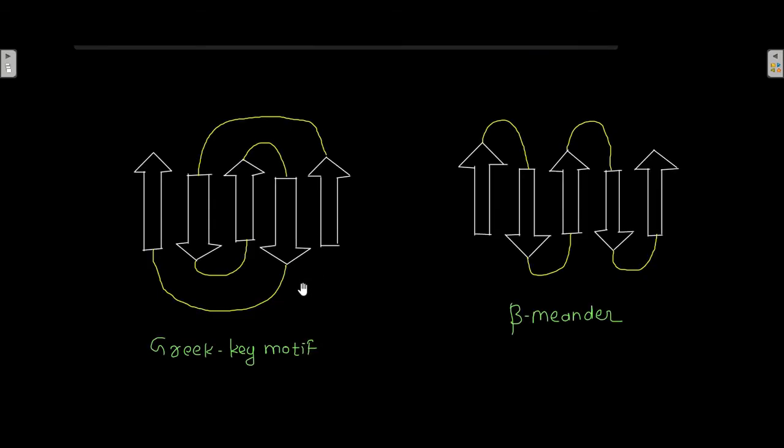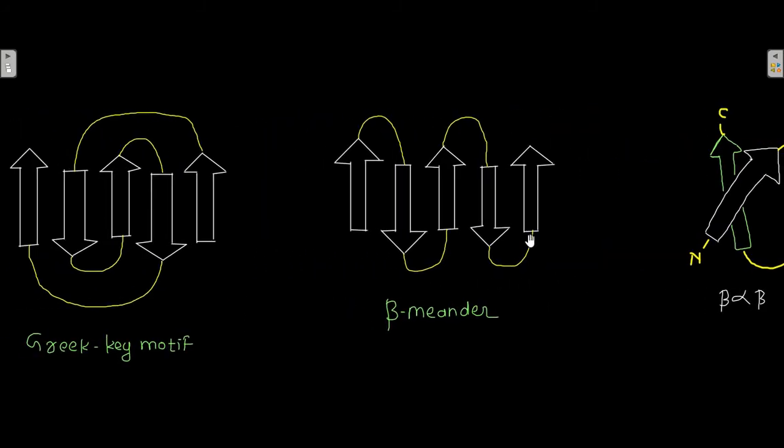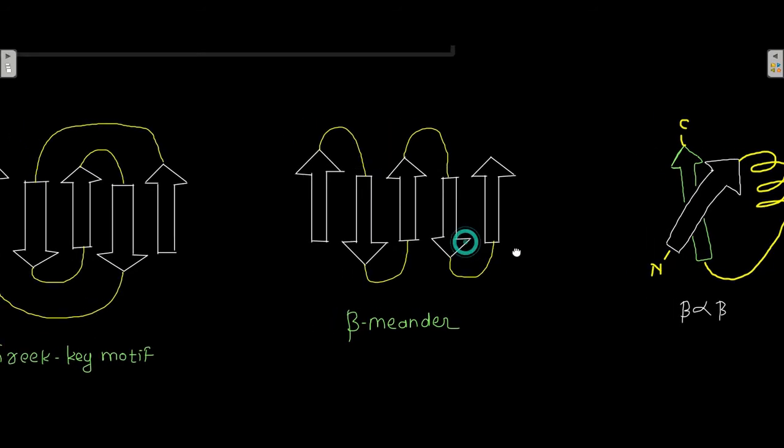So this structure is your Greek key motif, and this is known as beta meander, and this is your beta alpha beta. Okay, 2 beta sheets are connected by an alpha helix, and here there are 5 beta sheets and they are connected by loops, as you can see. So these are your super secondary structures.